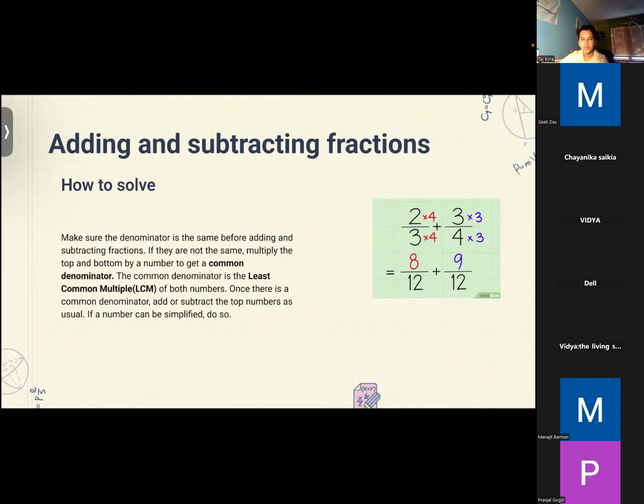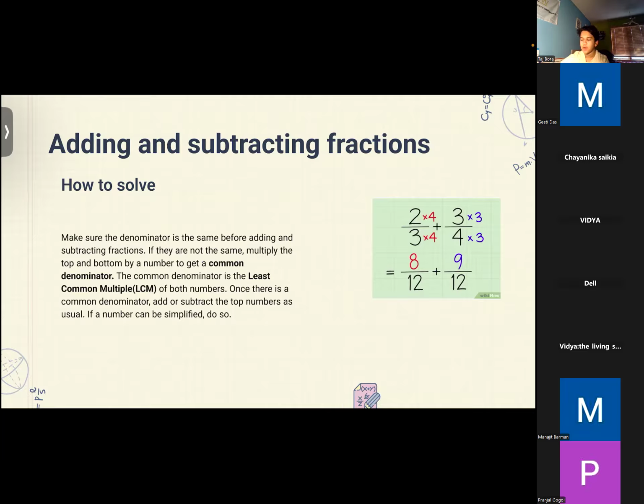Adding and subtracting fractions. So this is a very big thing for fractions, and it's important that kids know how to do it properly. So how to solve is you make sure that the denominators, so the bottom number, is the same before you add or subtract the fractions.